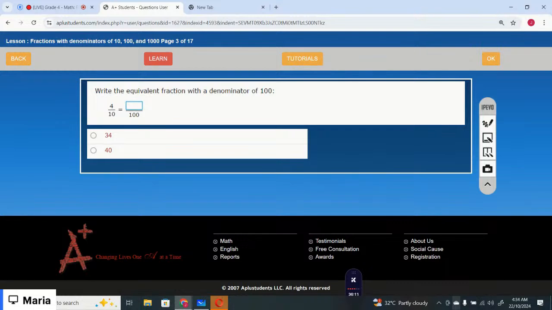Write the equivalent fraction with the denominator of 100. That is 40 over 100, right? Because 10 times 10 is 100, so 4 times 10 is 40. That is 40 over 100.